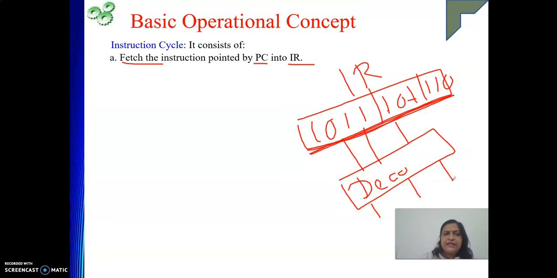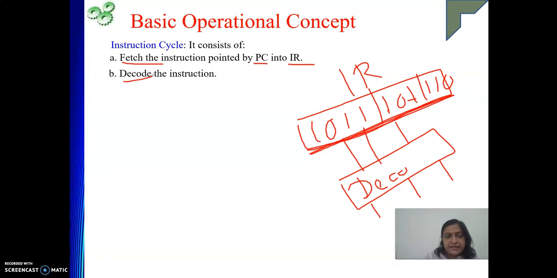So the first part is getting the instruction that is being pointed to by PC into IR. Second part, decode the instruction, meaning understand what you need to do: add, sub, jump, whatever you have to do, that you will find out. And where are your operands? Whether one operand or two operands, whether it is in a register or in memory, where it is, that we will find out in our decoding part.